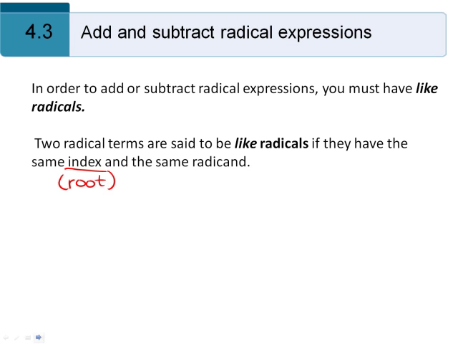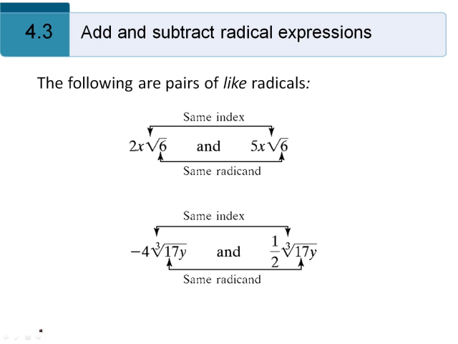Okay, so if you look at some examples here, this first pair of radicals are like radicals. 2x times the square root of 6 and 5x times the square root of 6. They both have square root of 6 on them, and the terms outside are the same also. 2x and 5x are like terms.